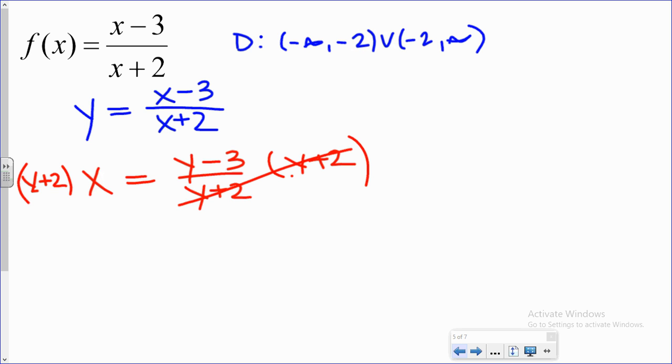So our denominator is gone on the right side. And on the left side, we're taking y plus 2 times x. So we get xy plus 2x because we'll need to distribute that through.